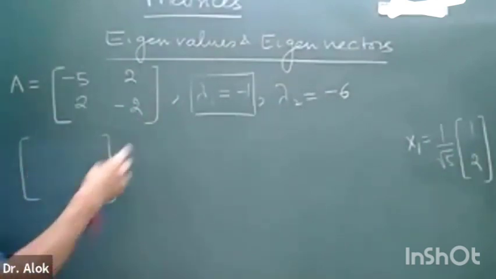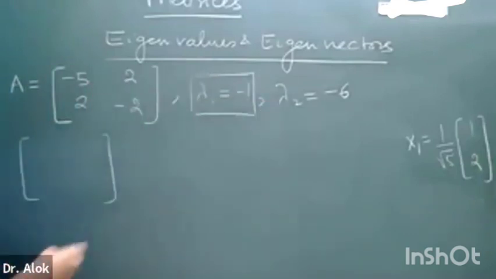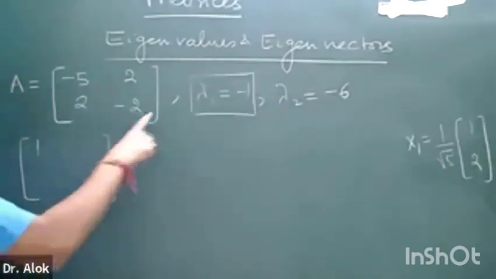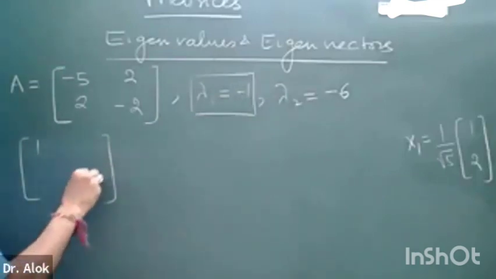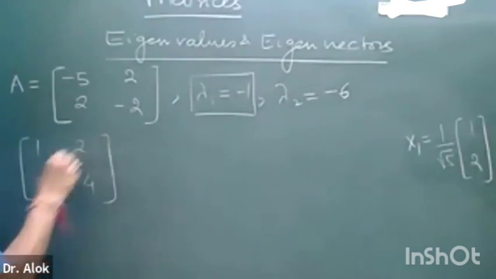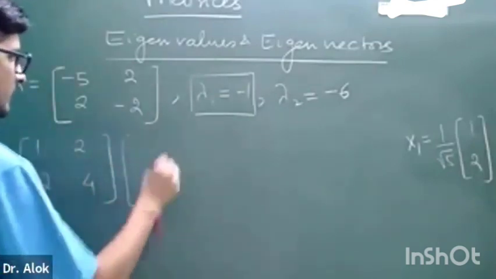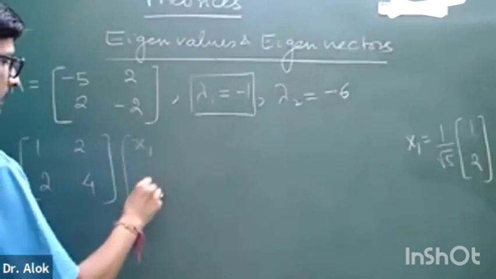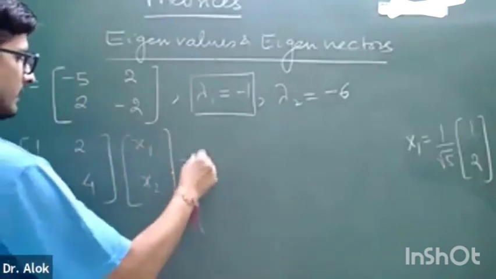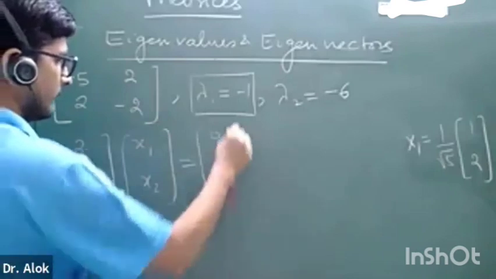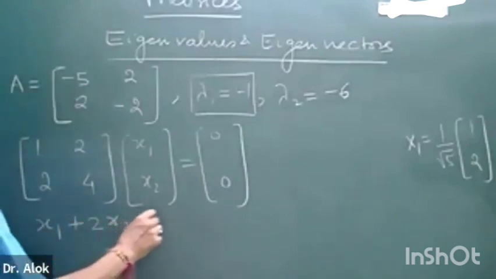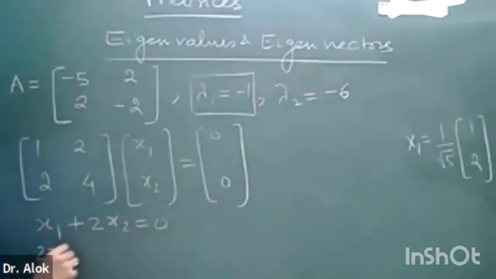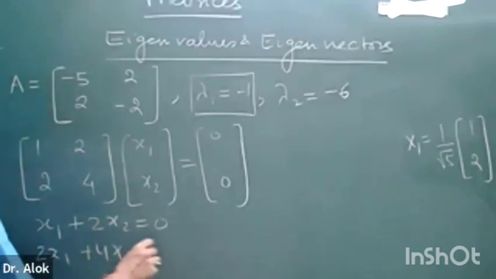Now I can do it directly. -5 minus (-6) will become 1, -2 minus (-6) will become 4, and then here 2 and 2, and the vector x2 here is some x1 and x2, suppose, and this is equal to 0 0. So you will have x1 plus 2x2 equal to 0 and 2x1 plus 4x2 equal to 0.